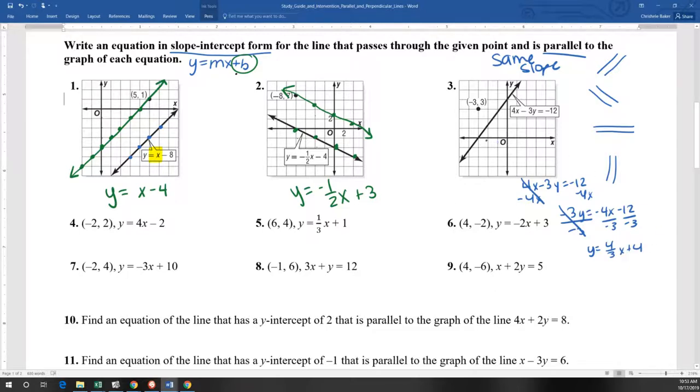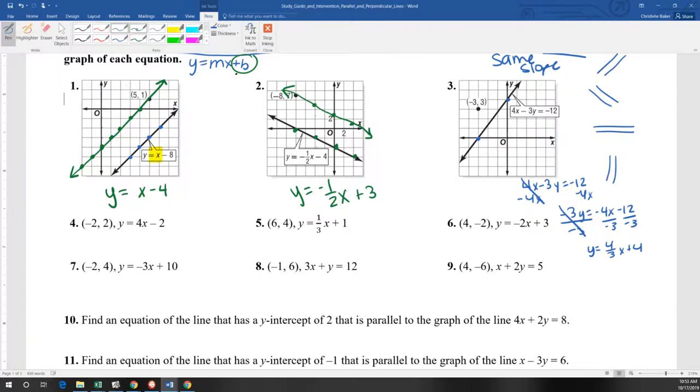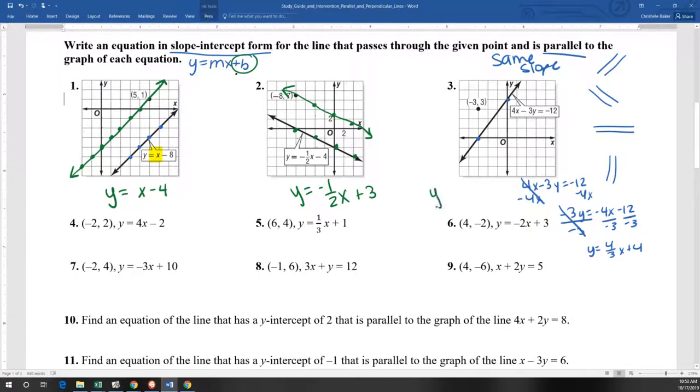So let's check that out. Does it look like my graph goes up 4 to the right 3? 1, 2, 3, 4, 1, 2, 3. Perfect. And is my y-intercept at 4? 1, 2, 3, 4. Yes. Okay, so there's my equation. To be parallel, I'm going to use the exact same slope that I was given, so 4/3.